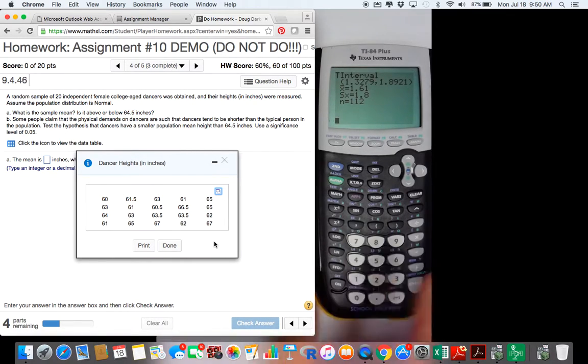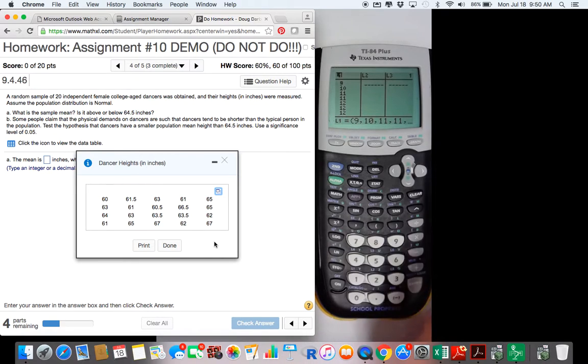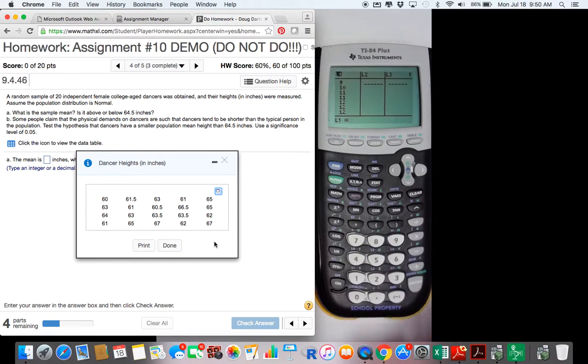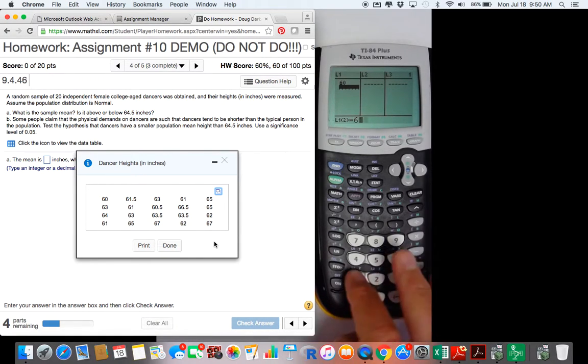So, we're just going to have to type that data in. So first thing I need to do is get rid of the information that's in my calculator. So I hit clear enter, okay? And I've just got to type this information in, which is kind of a drag, but it is what it is.